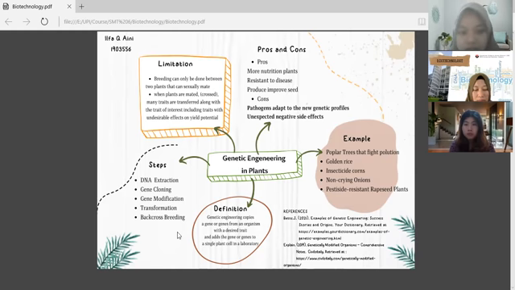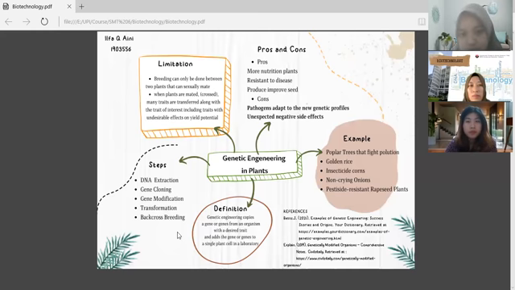Because there is genetic modification in the plants, there will be more characteristics or more nutrition in one plant, and also the plants will be more resistant to disease. So it won't be easy to get the disease or easy to die because of the disease. And the last pro is to improve the seeds.